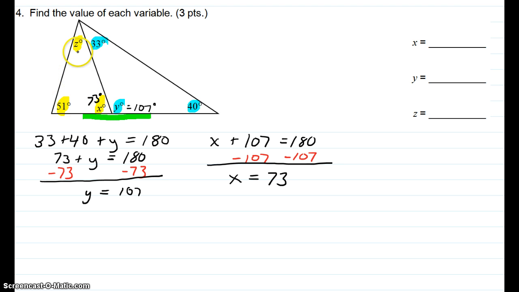So now I can figure out what z is, because I'll be able to do 51 plus 73 plus z equals 180. So we get 124 plus z equals 180, minus the 124 from both sides.